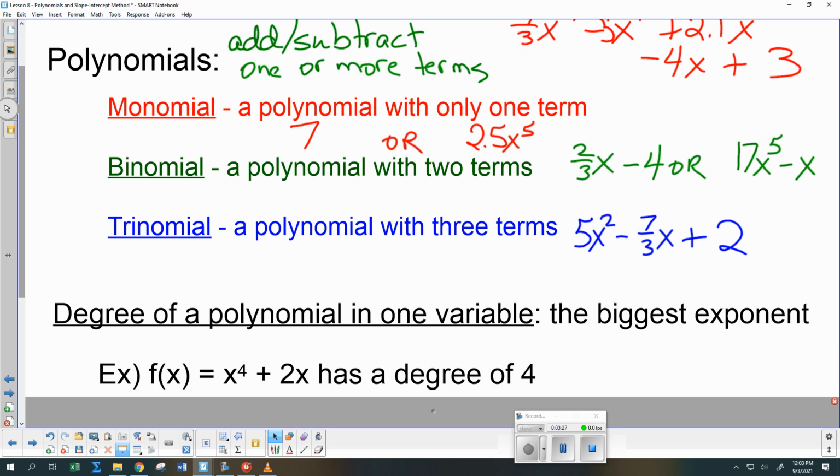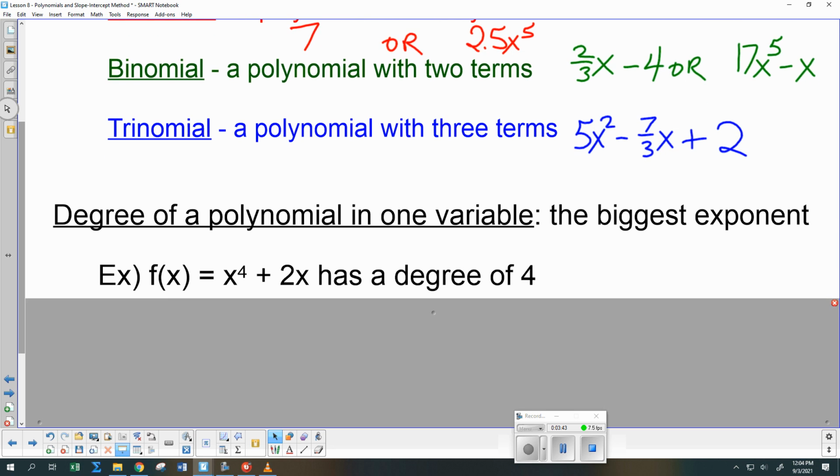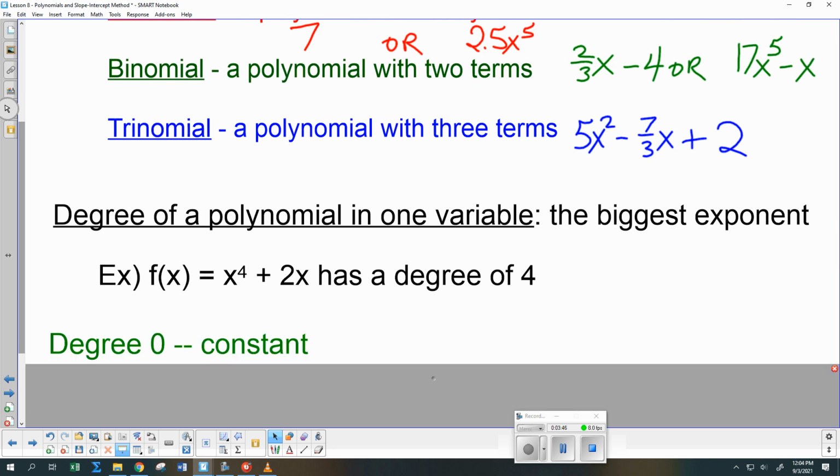So x to the 4th plus 2x, got x to the 4th, so that exponent is 4, plus 2x, that's x to the 1st, 4 is bigger than 1, so that has degree 4. Special terms, got 4 of these. If it's degree 0, it is a constant. Or if it is a constant, it has degree 0.